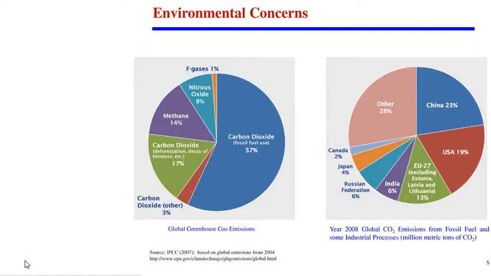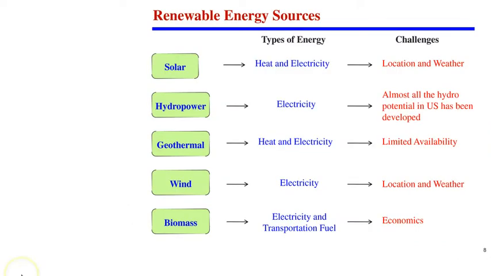The last option I'm going to talk about is biomass. Now let us see what we can do with biomass. If we burn biomass, we get electricity. Like a coal-fired plant, a biomass-fired plant can supply electricity. And we can get transportation fuel, like gasoline. We call it green gasoline, which comes from biomass. Ethanol, in the US, is already used in a 10% or 15% blend. We call it E15.